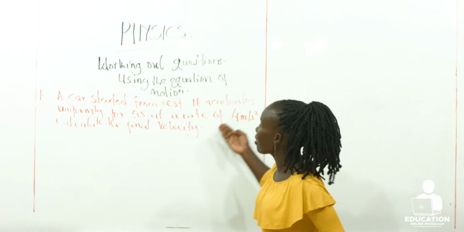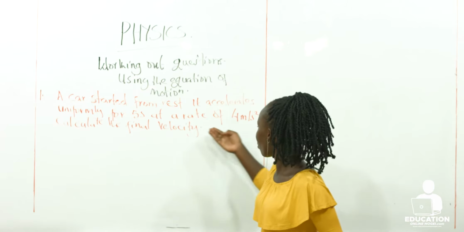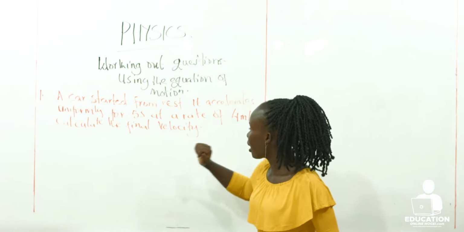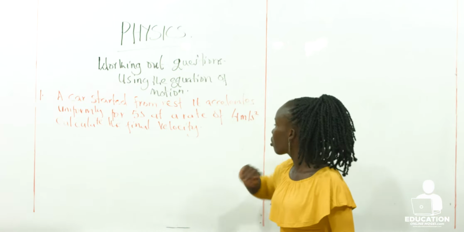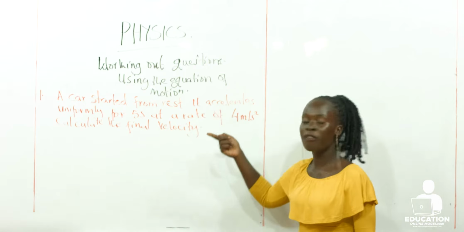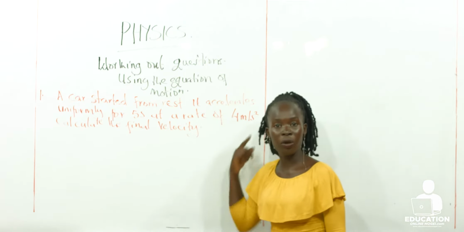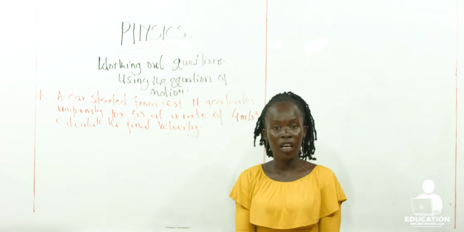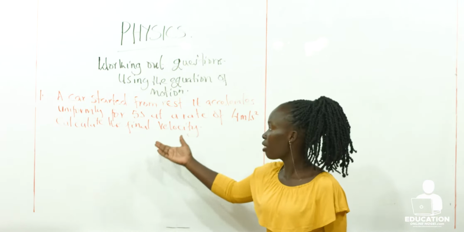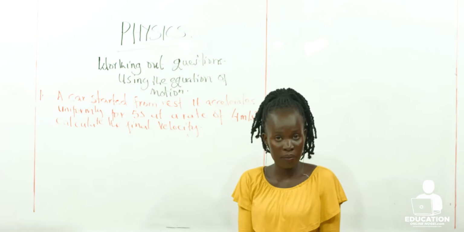It accelerates uniformly for 5 seconds at a rate of 4 meters per second squared. Calculate the final velocity. Our question is also talking of uniform acceleration. What happens when a body is moving with a uniform acceleration? You'll find out that the initial and the final velocities are usually not the same.